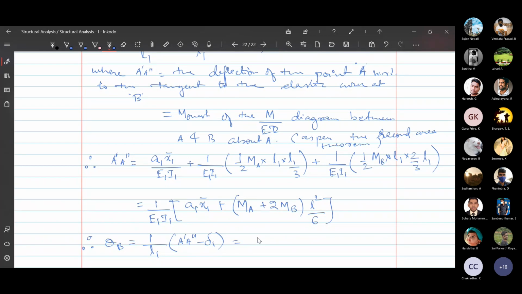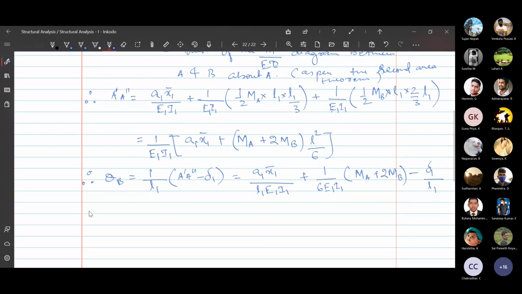So this can be written as A1 x1 bar whole divided by L1 E1 I1 plus 1 by 6 E1 I1 into (MA plus 2 MB) minus delta 1 by L1.